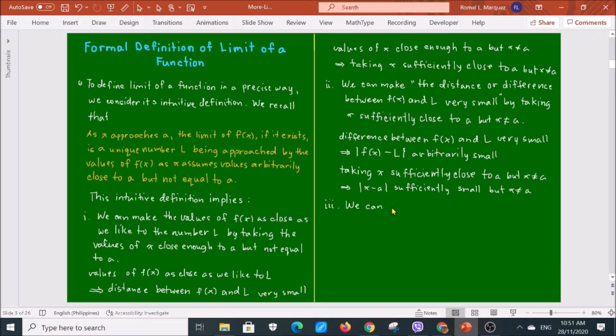So we can make this difference between f of x and L very small.